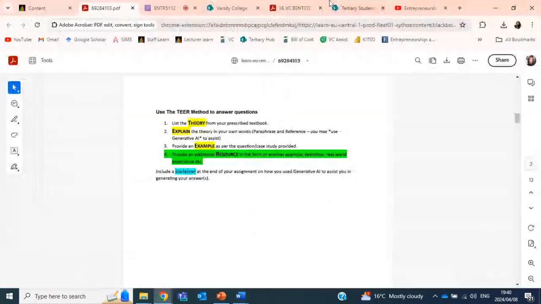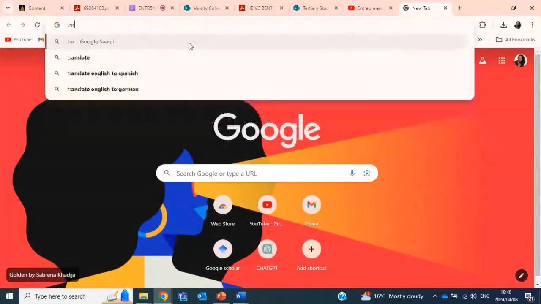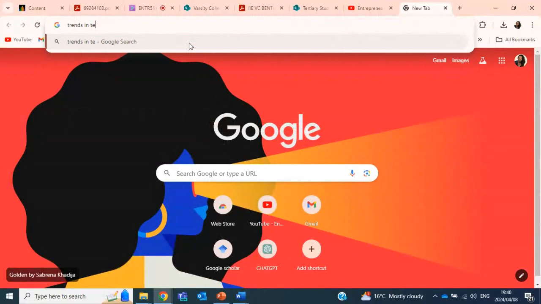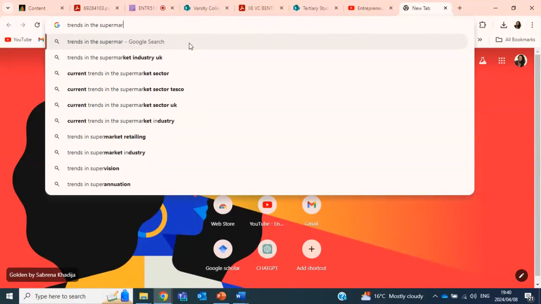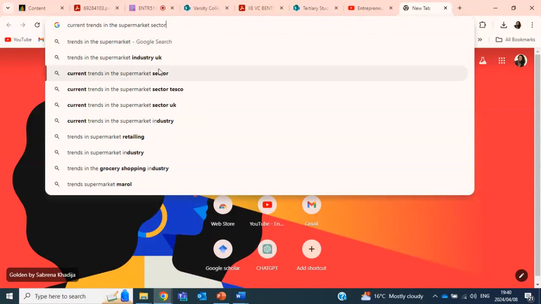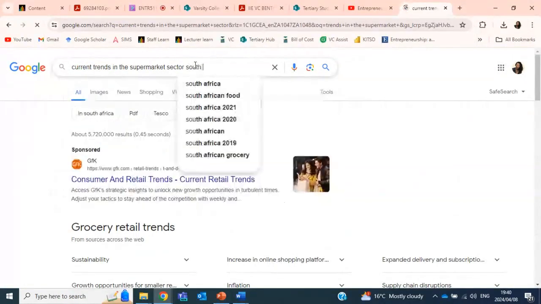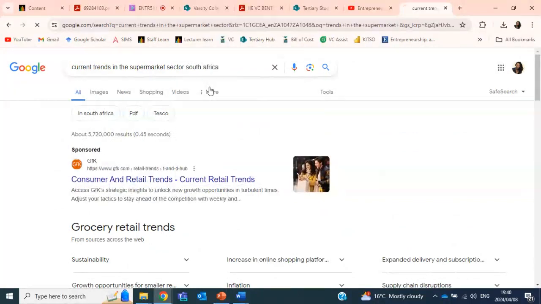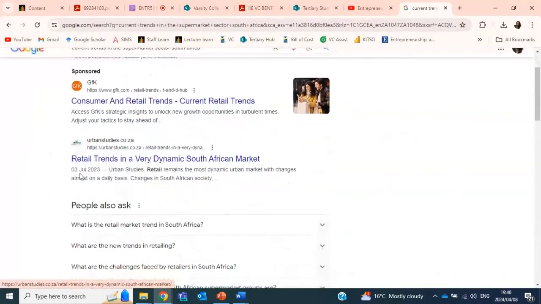So maybe if you do your research, you could go ahead and search something like trends in the supermarket industry, supermarket sector, and maybe in South Africa. Yeah, you see there's retail trends in a very dynamic summer.